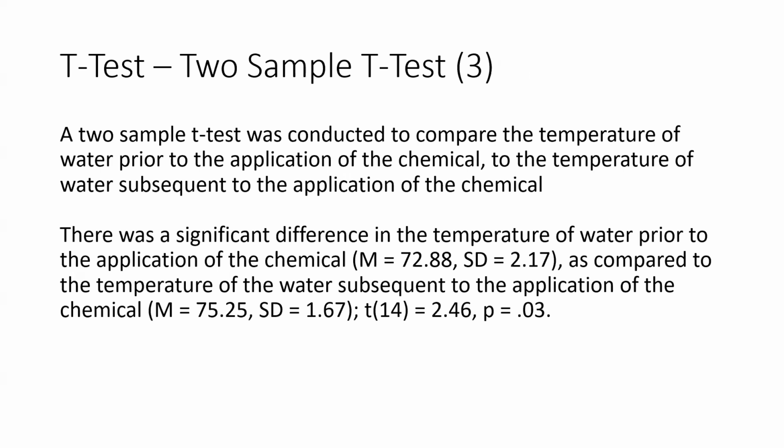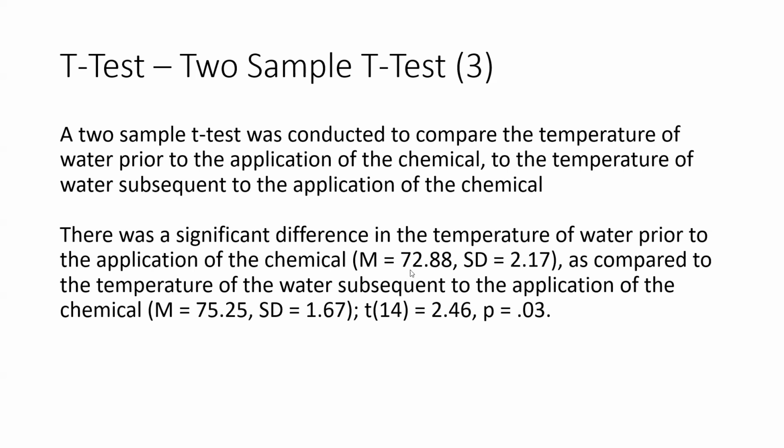First, we're going to state the test which we had applied, the method, etc. A two-sample t-test was conducted to compare the temperature of water prior to the application of the chemical to the temperature of water subsequent to the application of the chemical. We see that there was a significant difference in the temperature of water prior to the application of the chemical.